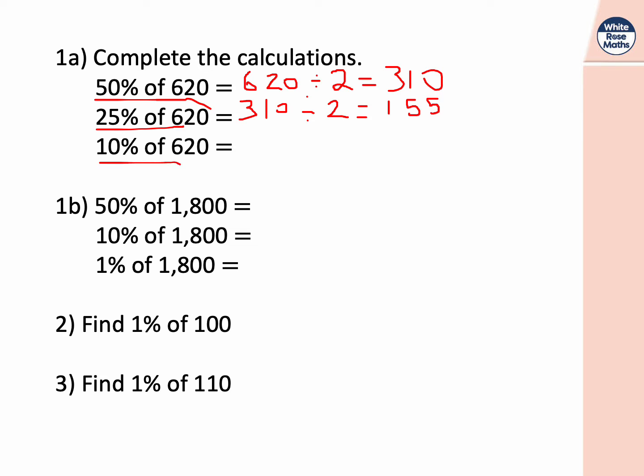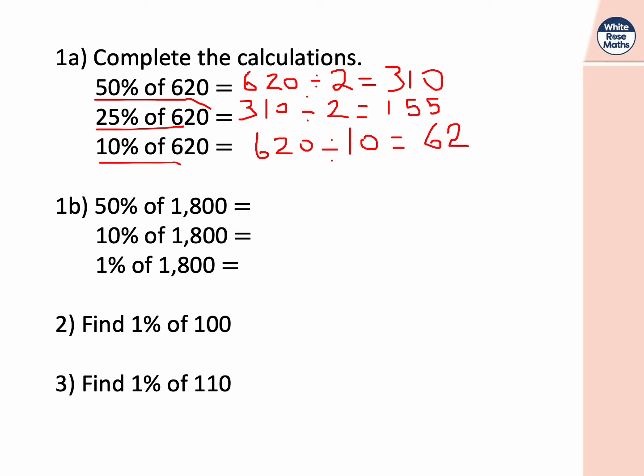Next part, 10% of 620. Well, 10% means dividing it by 10, so 620 divided by 10, and I get the answer of 62. I'm splitting it into 10 equal parts. 10% of something means dividing it by 10, so the answer I get is 62.